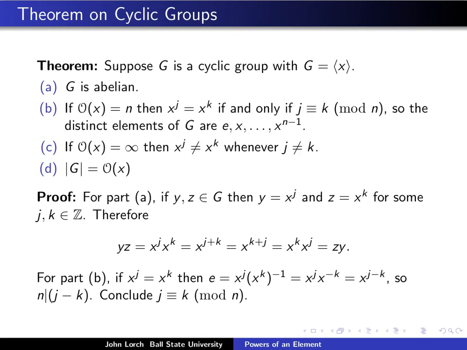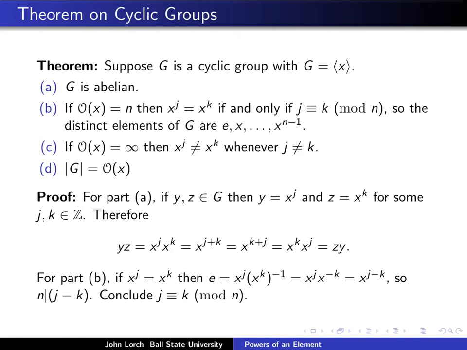And this has the additional charming property that the distinct elements of G are then e, x, x squared, up through x to the n minus first power. And then the third result says that if the order of x is infinite, then the powers of x are different whenever the exponents are different. And then finally, we see that the size of the set G is exactly equal to the order of x.